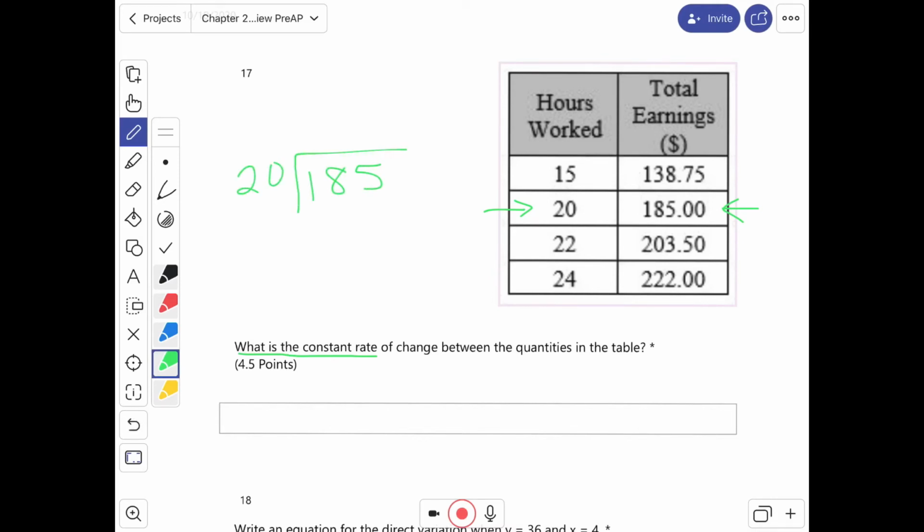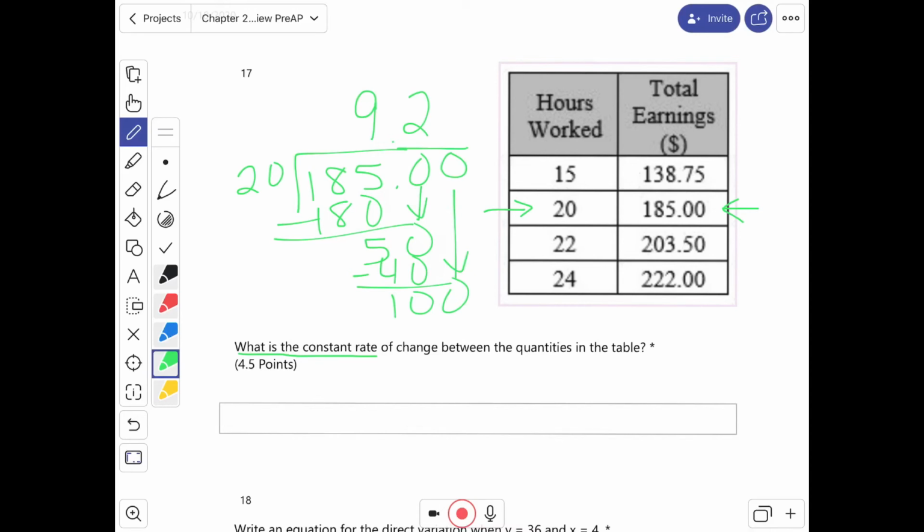185 divided by 20. And 20 will go into 185 9 times, because 9 times 20 is 180. 5 left over, decimal. 20 goes into 50 2 times. 10 left over.